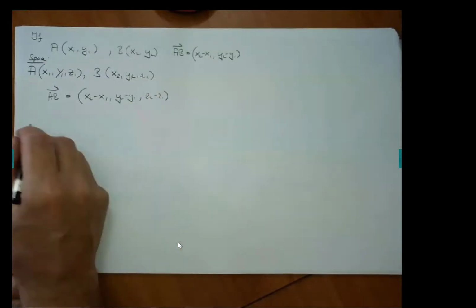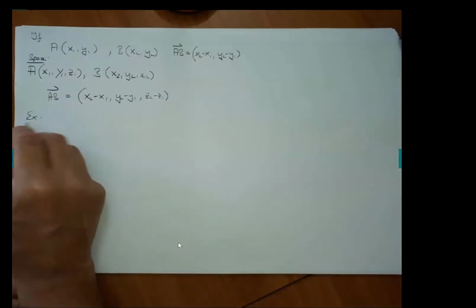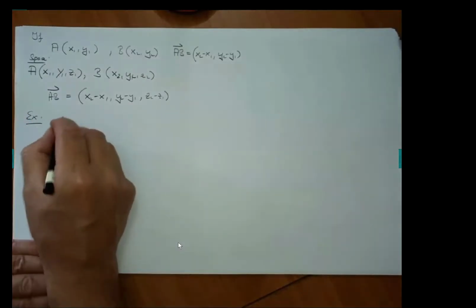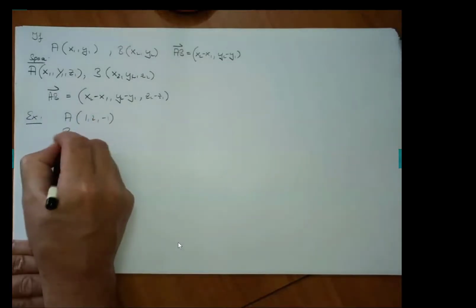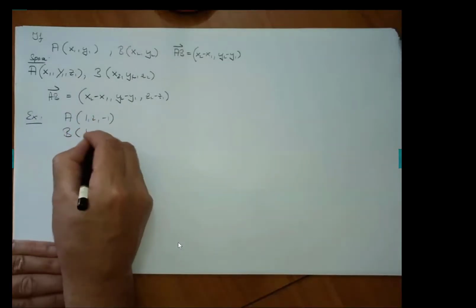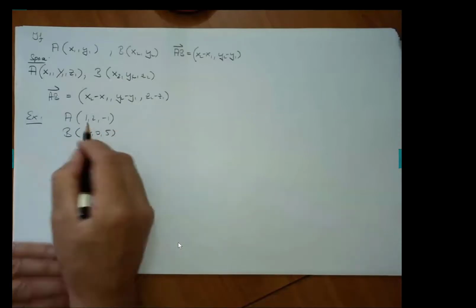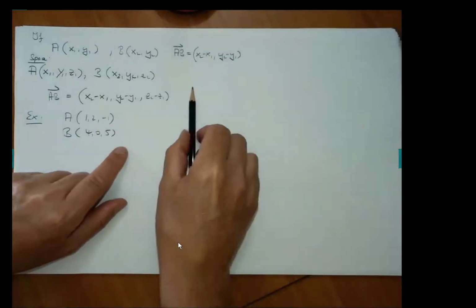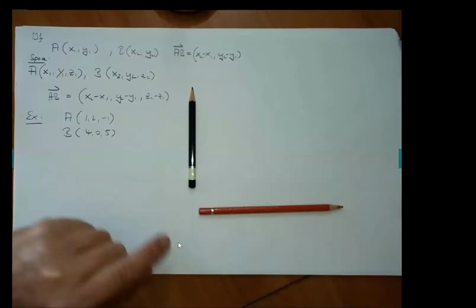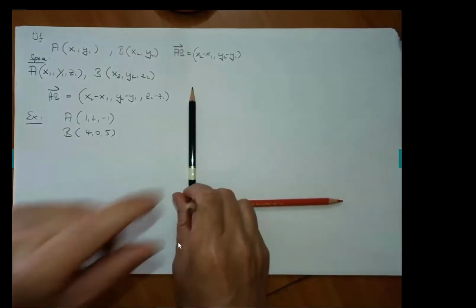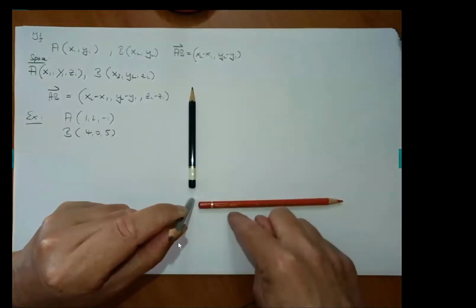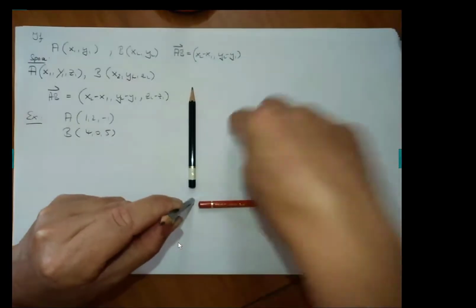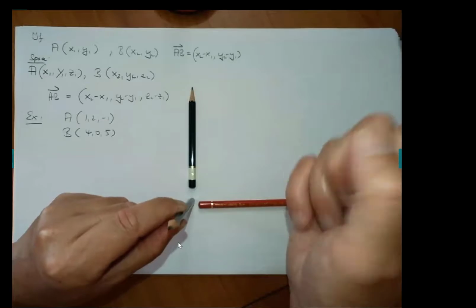So for example, I hope that's clear to everyone, if you have a point A which is 1, 2, minus 1, and a point B at 4, 0, 5, then in a coordinate system in 3 dimensions, I'm not sure if you can see this, something like this. It means this point, you go 1 in this direction, 2 in this direction, and then 1 down, which I cannot do because of my table.